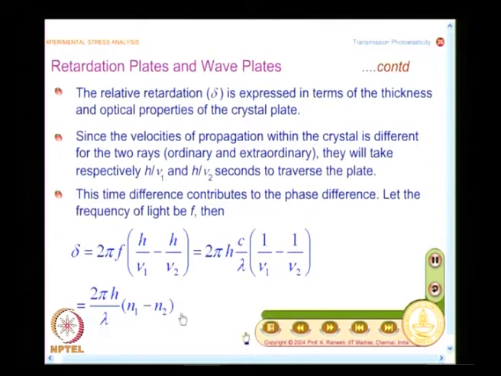So, what you find? Suppose I say that I want to have a delta equal to pi by 2, a quarter wave plate. I can find out the thickness corresponding to that, and what is hidden here? h will become a function of wavelength. It is very important. I said that in the mathematical development of photoelastic analysis, the mathematics becomes a lot simpler if I confine our attention to a monochromatic light source.